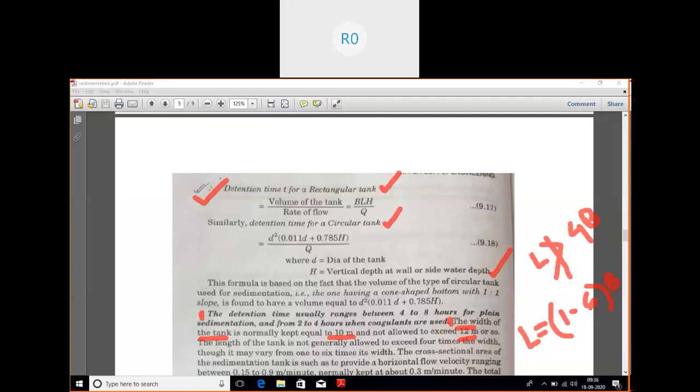So you have written this formula. You see here the detention period, you write it down. Directly you have to remember that for plain sedimentation, this will be mentioned in your question, whether you are designing a plain sedimentation tank or a tank where plain sedimentation is aided with coagulation.